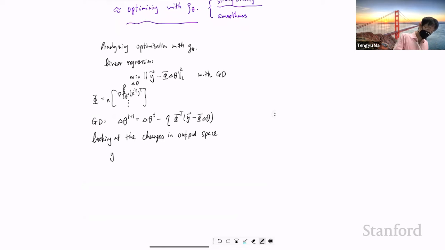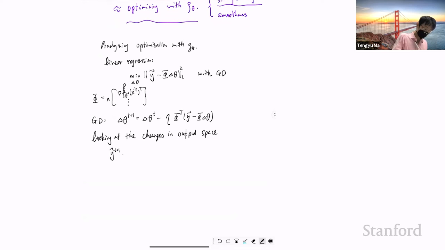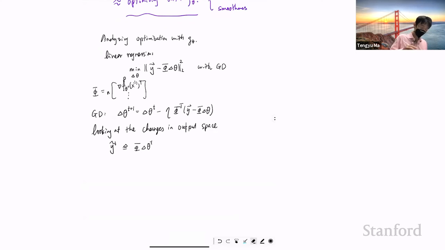What does that mean? That means that you're looking at the output y at time t plus 1, which is defined to be just phi times delta theta at t plus 1. By definition, let's define the version with t. You look at how you change the residual over time, right? You compare your output at time t with the target output y vec.